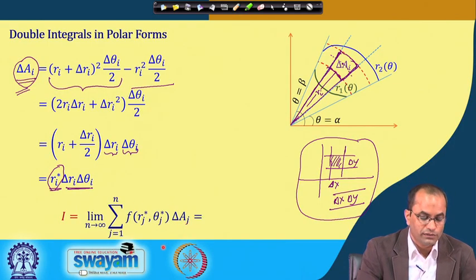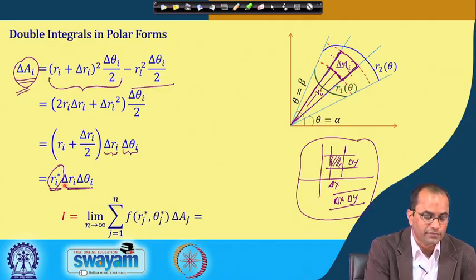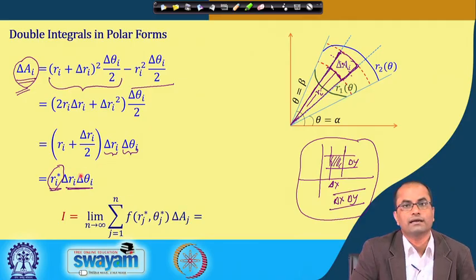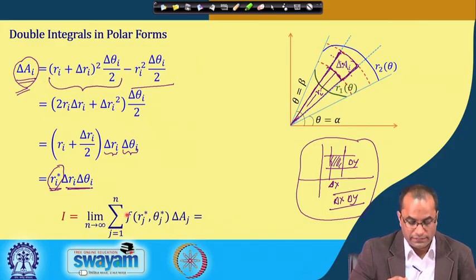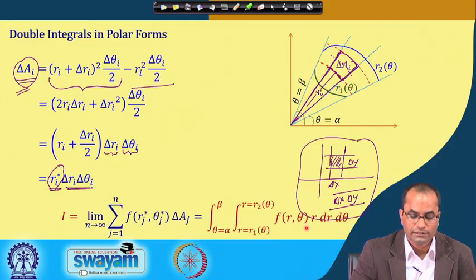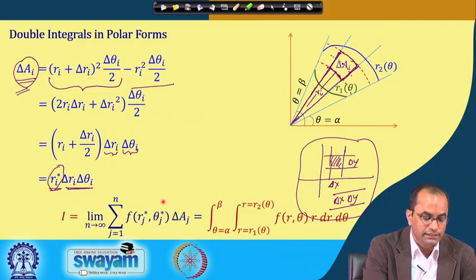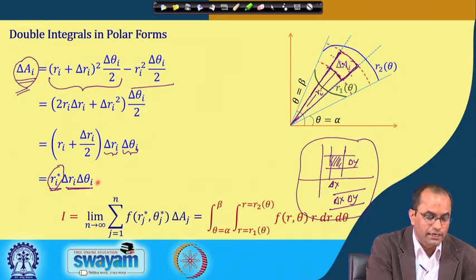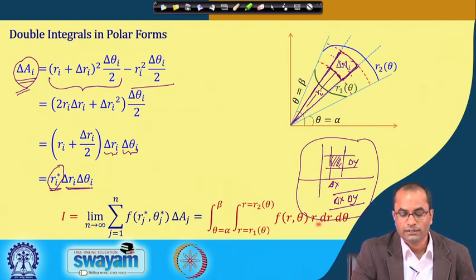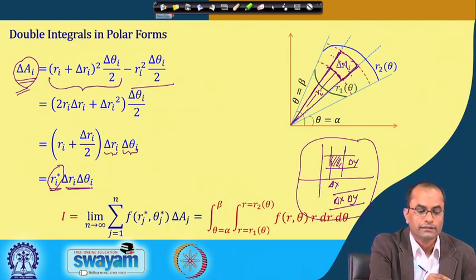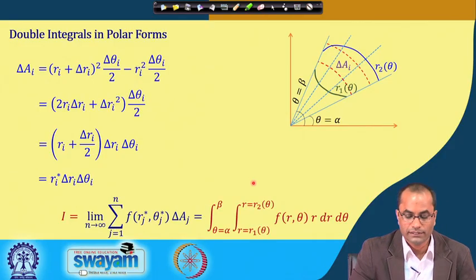But now, since this delta A_j is r_i times delta r_i delta theta, this limit will be written in the integral form as f(r, theta), and because of delta A_j, which has come as r and the product of delta r delta theta, this will be r times dr d theta.